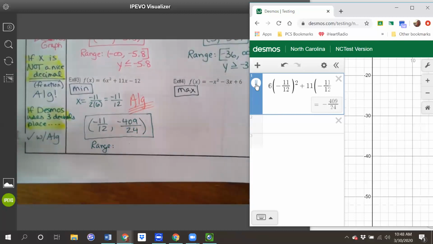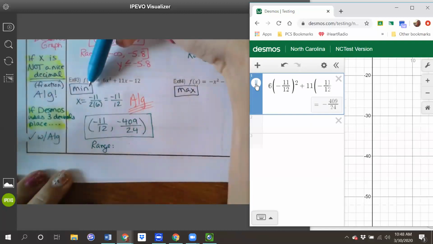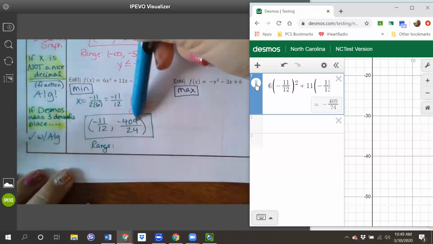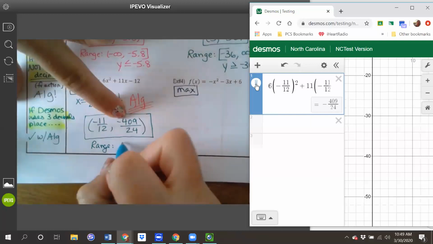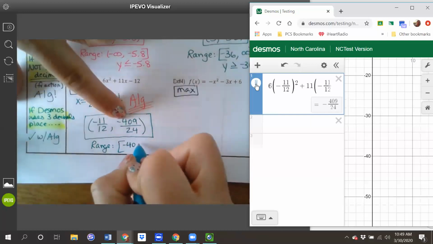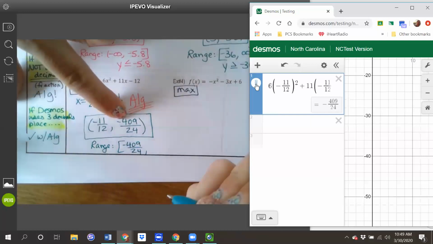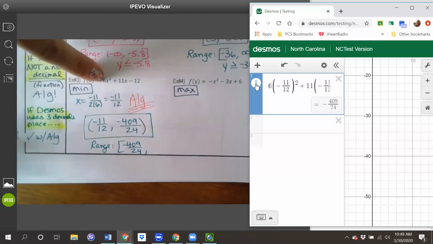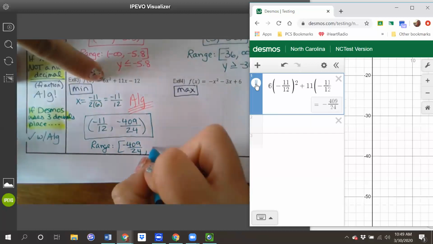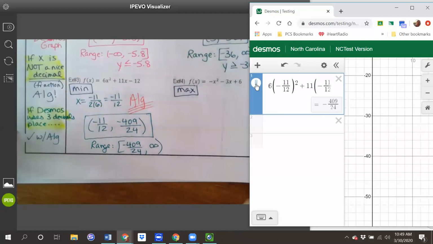Let's see, the range. I don't have it graphed on Desmos, but I know that this is a minimum value. That means that this is at the very lowest point. It is the minimum value. So negative 409/24, and it's a smile, positive is a smile, so it's going to go all the way up forever to infinity.